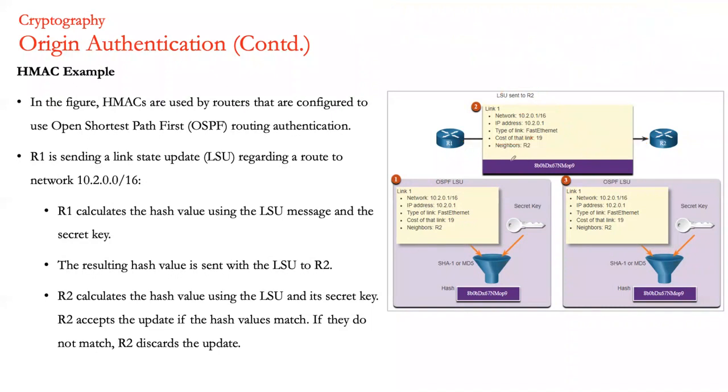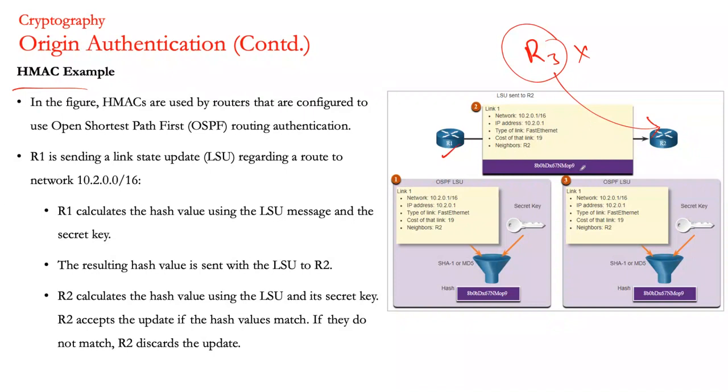To avoid that, HMAC follows this: upon receiving the message from R3, R2 knows that its secret key is available only with R1, not with R3.